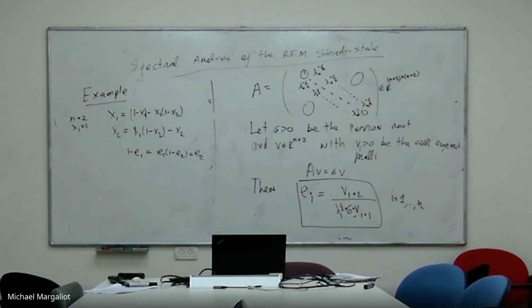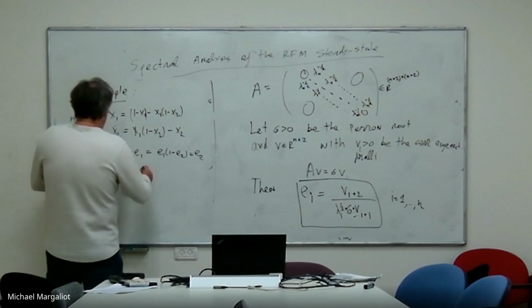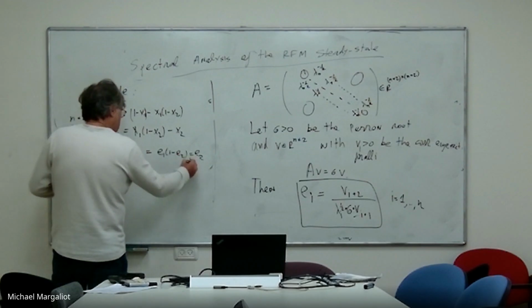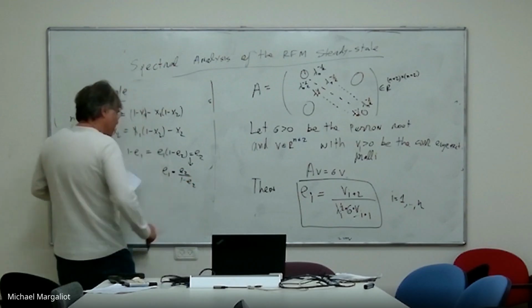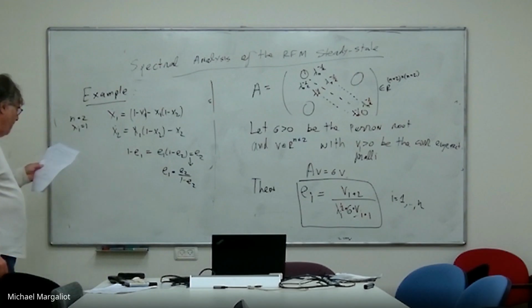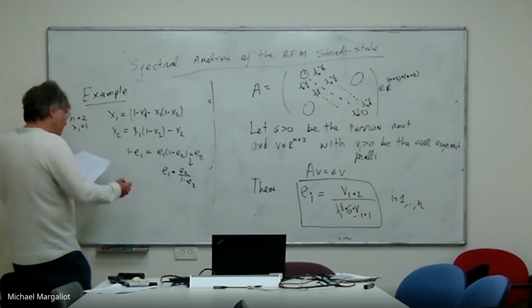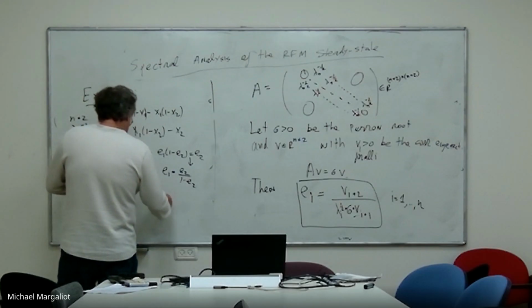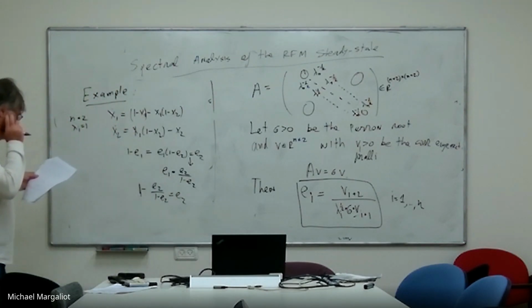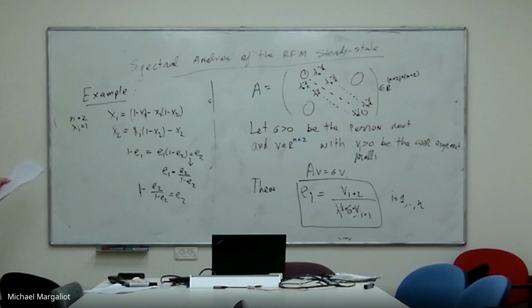These are the steady state equations, and we know that from any initial condition, we converge to this steady state. So from this equation, I get e_1 = e_2 / (1 - e_2). And now I can substitute this in the other equation. This is an equation in e_2 only, and this gives a polynomial in e_2.